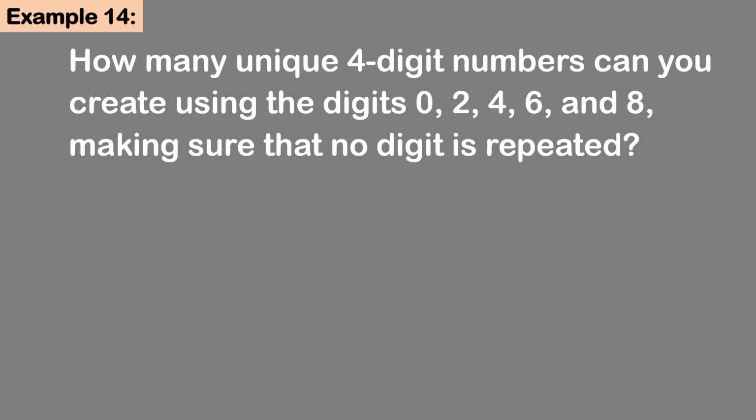Example 14. How many unique 4-digit numbers can you create using the digits 0, 2, 4, 6, and 8, making sure that no digit is repeated? We need to create 4-digit numbers. So there are 4 places to fill in.